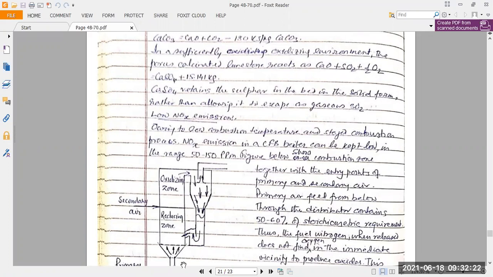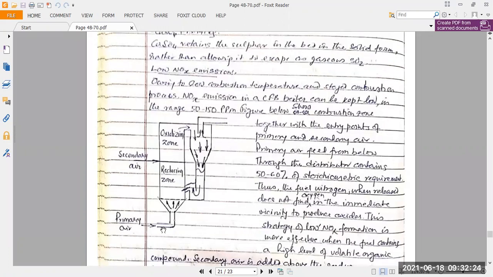The primary air comes in, and the secondary air also comes here. The reducing zone and oxidizing zone, and the combustion zone, are here. So the flame circulates, reacts, and goes out through the cyclone.